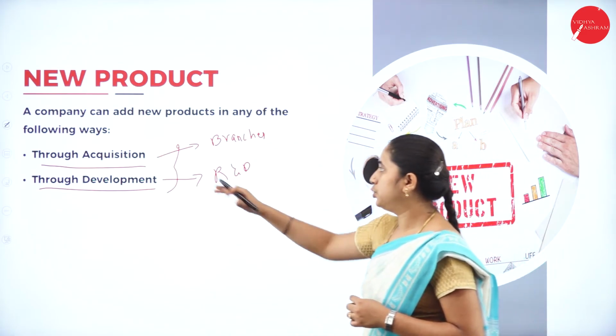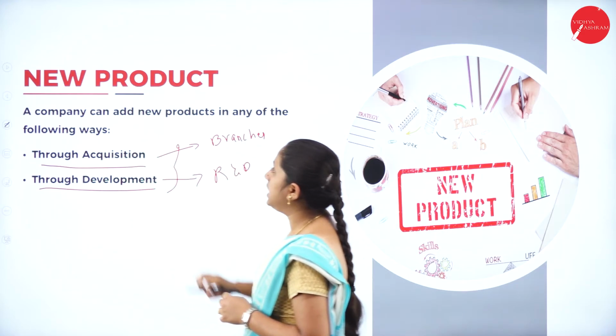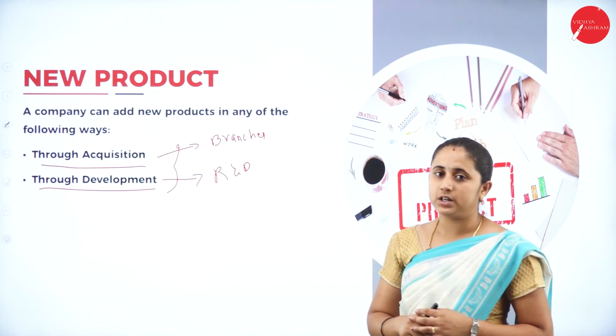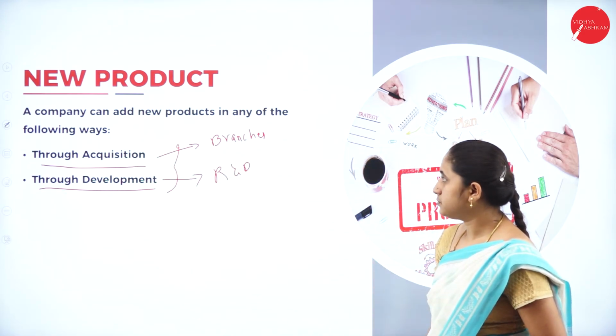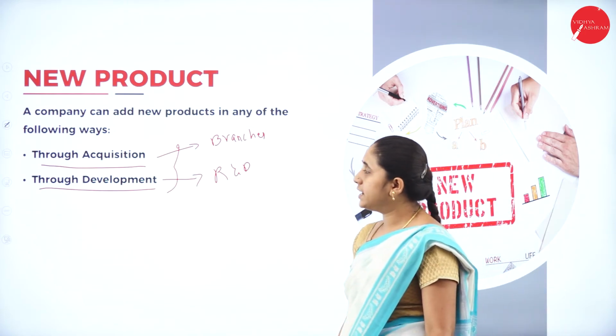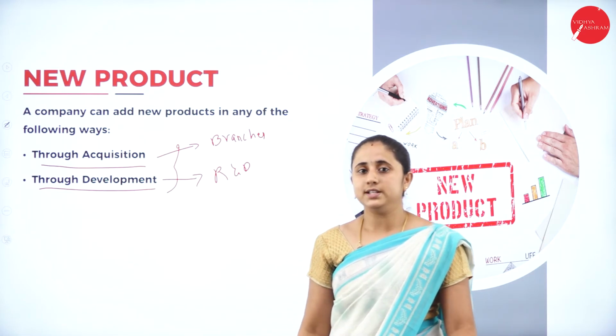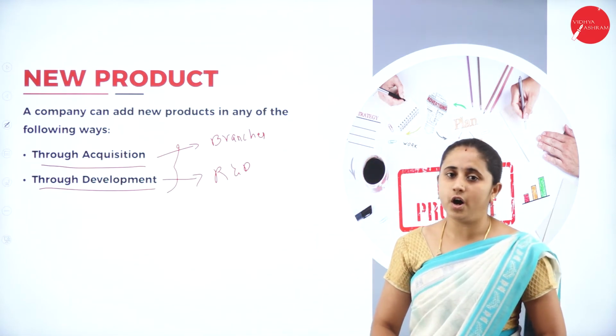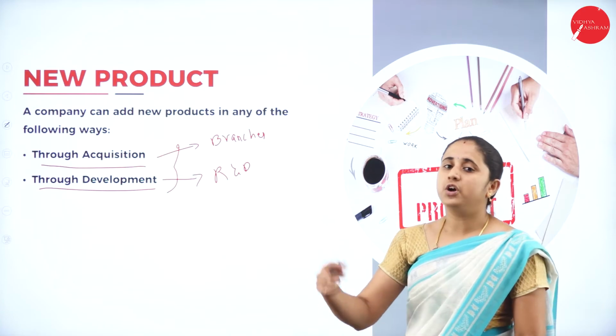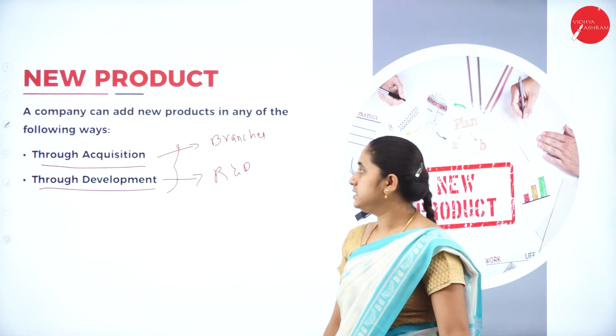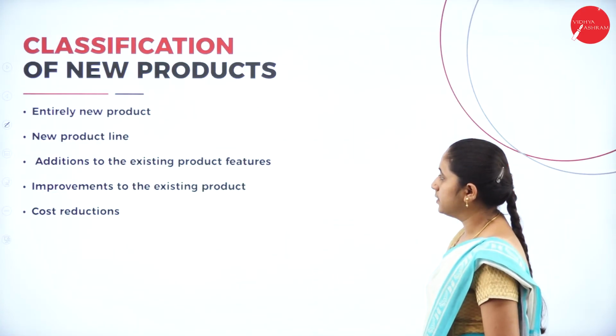In these two ways, they can add a new product to the market. So new product means an entirely new product to the world, or a new product for the company, or else an improved version or innovative features for the existing product.